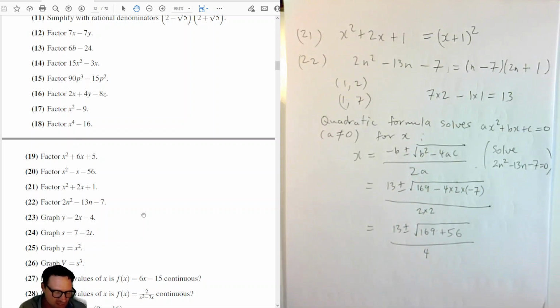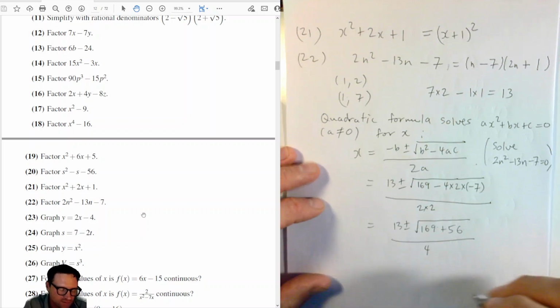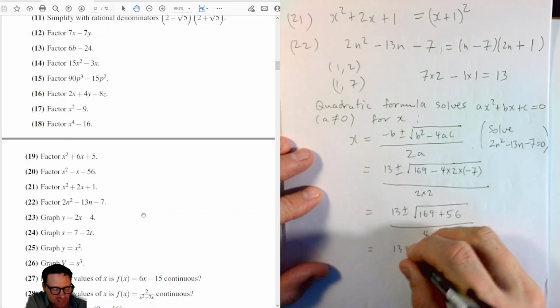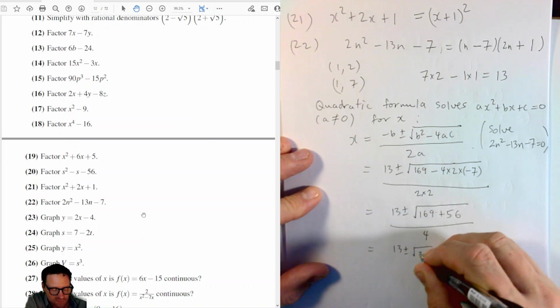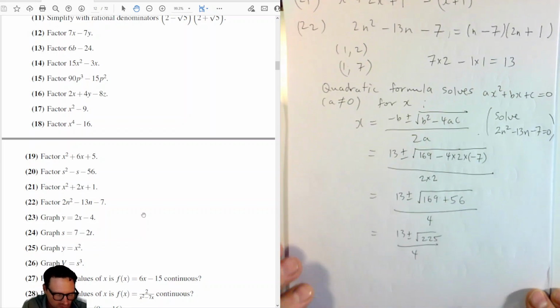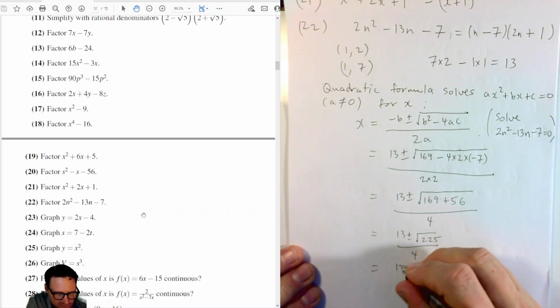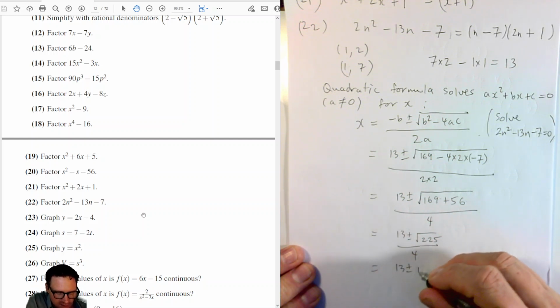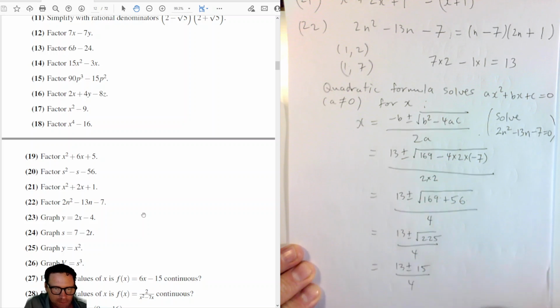So let me see. Now I need another 31 to get up to 200. So if I subtract 31 from 56, I have 25. So this looks like 225. Okay, so 13 plus or minus the square root of 225, and that's all over 4. Now 225 is 15 squared, so we have 13 plus or minus 15 all over 4.